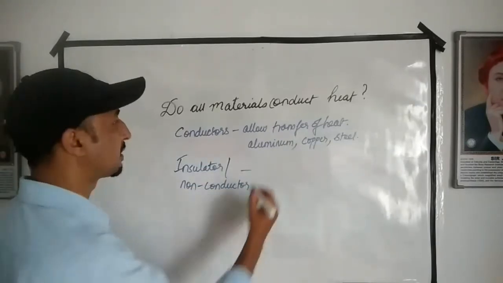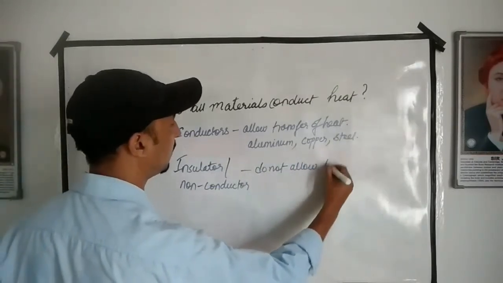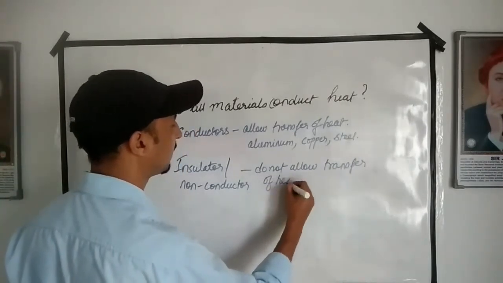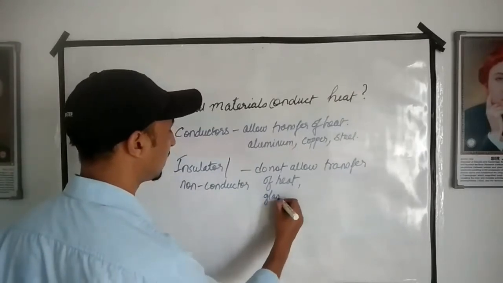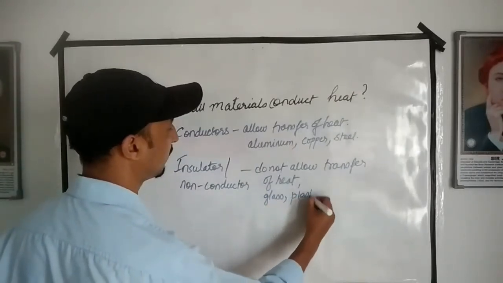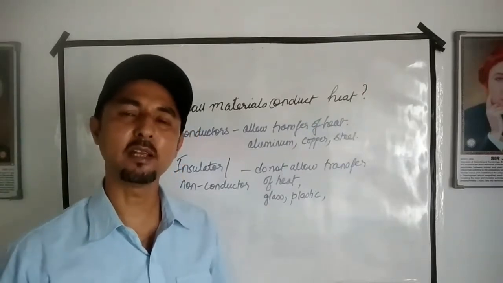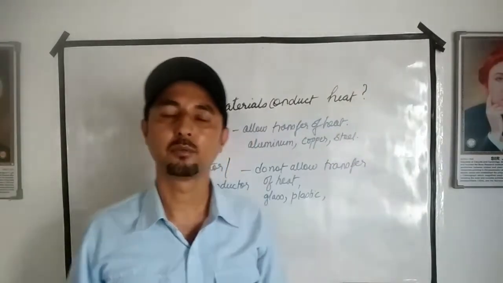Therefore, these materials do not allow transfer of heat. For example, glass, plastic, wood, rubber, and you can name many of those which you find around you.